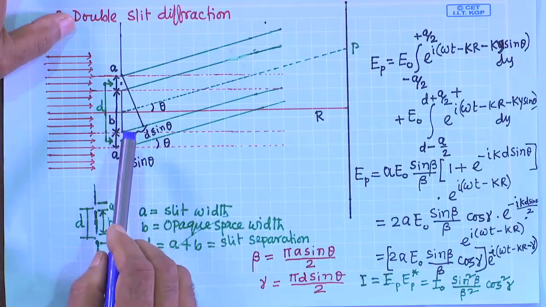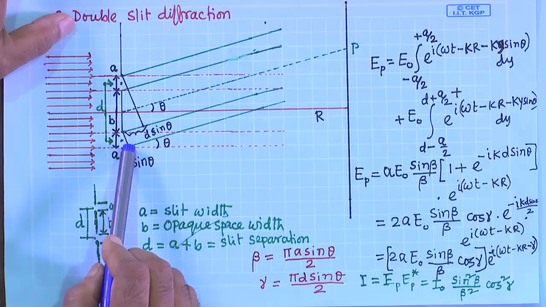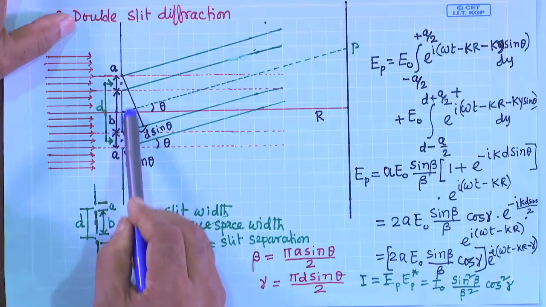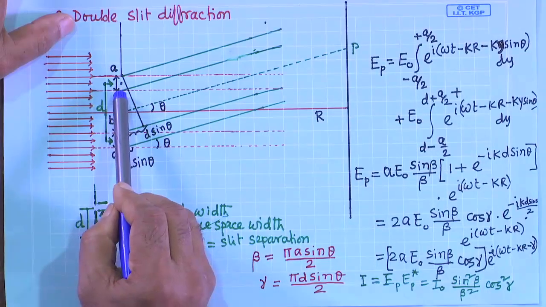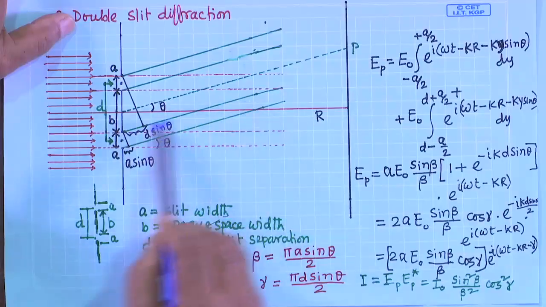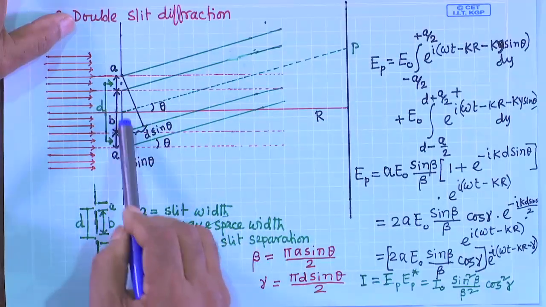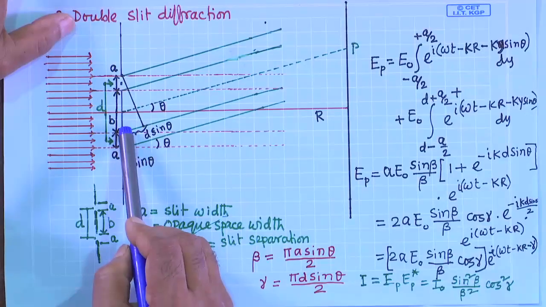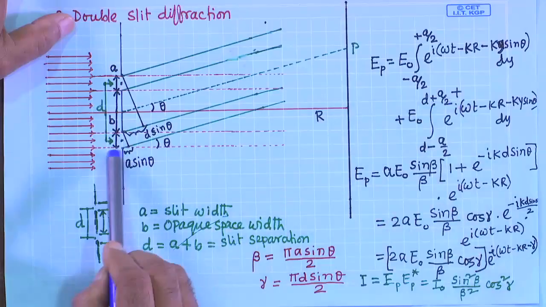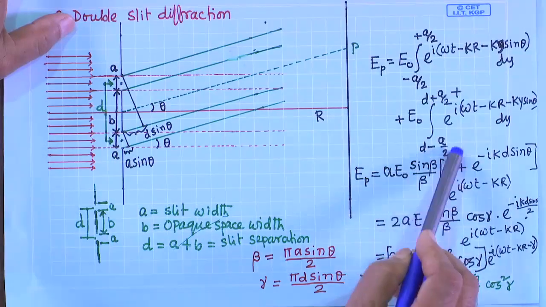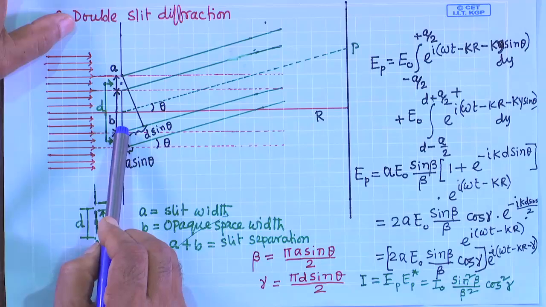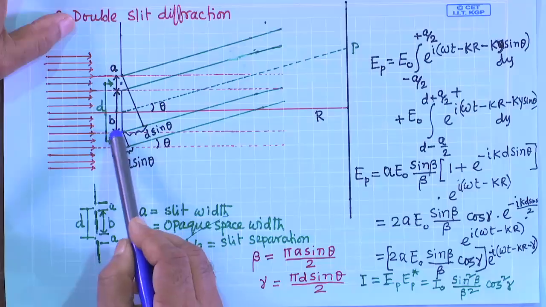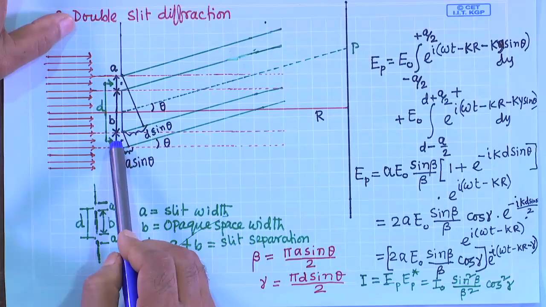D is common; from the opaque part there is no contribution, except that it introduces the phase, the path difference, since no light comes from it. So D plus a by 2 means this end and D minus a by 2 means this end. This limit is for the other slit.